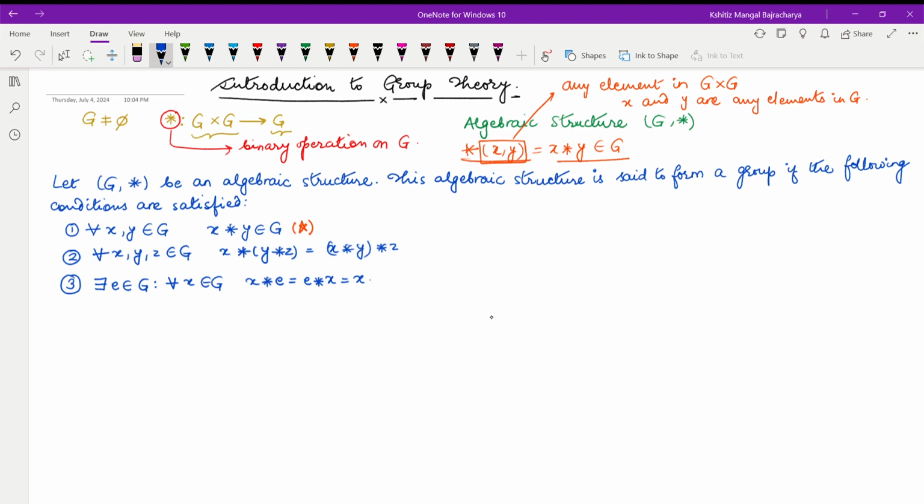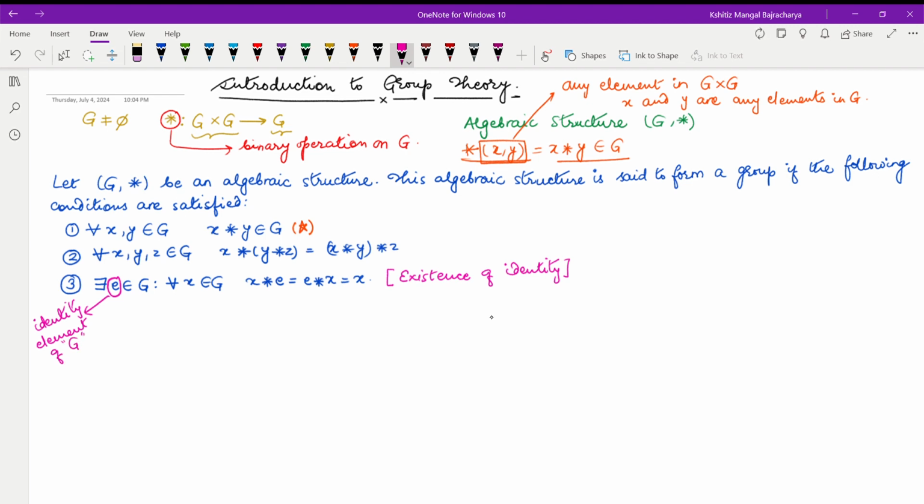This is called the existence of identity, and this E is said to be the identity element of G, the entire group G.